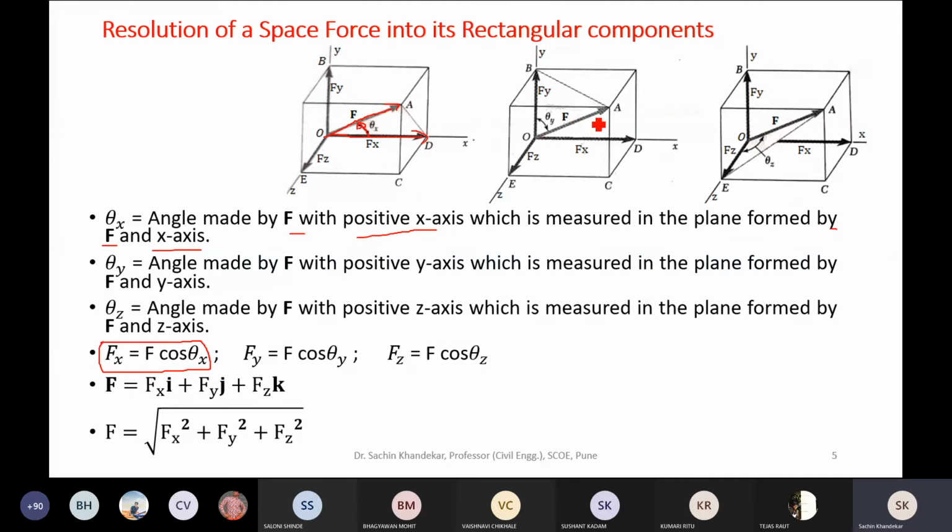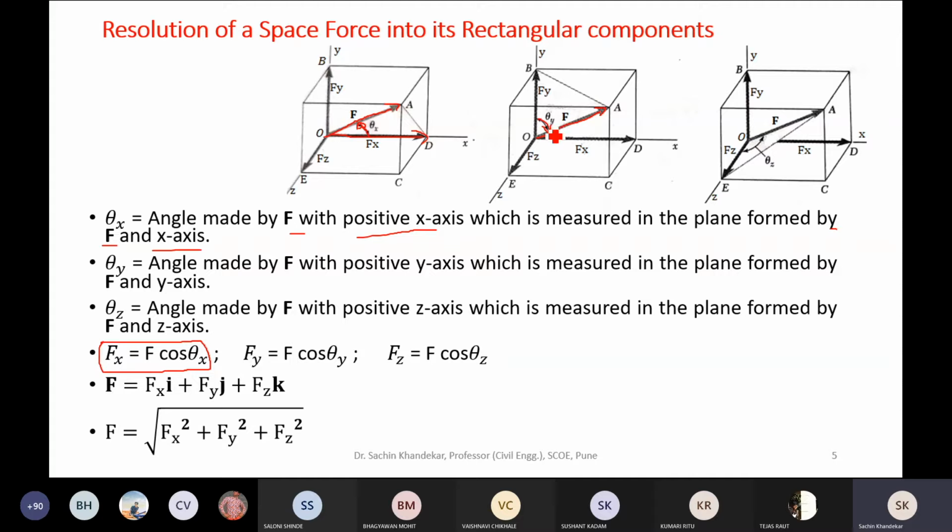Now, the same force F, of course a space force which is not lying in any of the planes, and we have constructed this cube A, B, C, D, E, etc. Now here I'm showing this theta y. What is this theta y? Theta y is the angle made by this space force F with respect to the positive y-axis. Please note that.